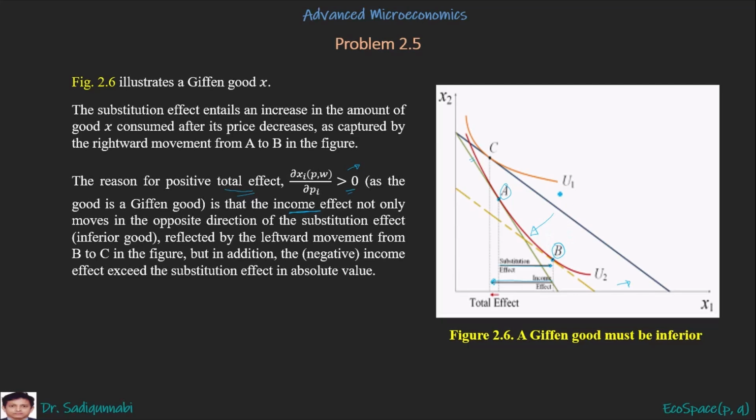But originally, for the income effect, the movement is from B to C because of the pivoting of the budget line.